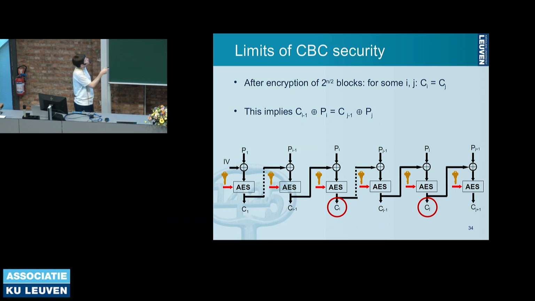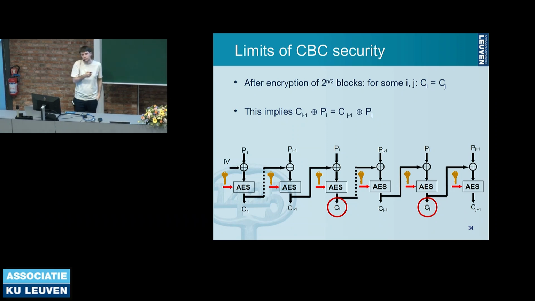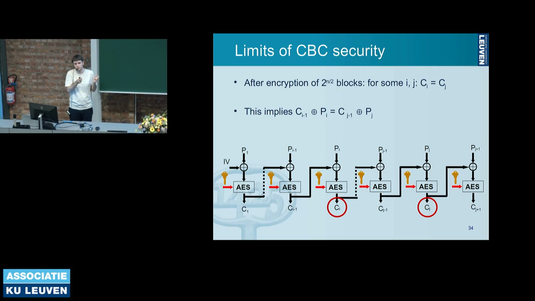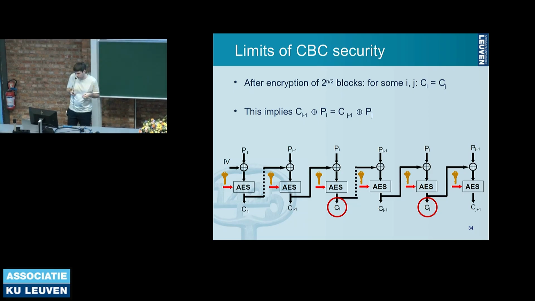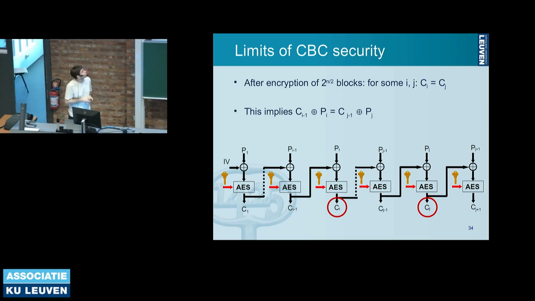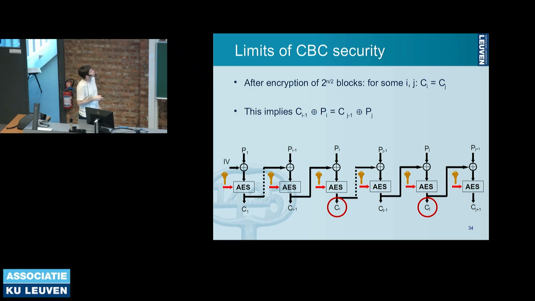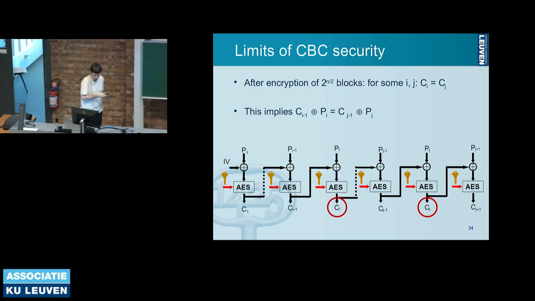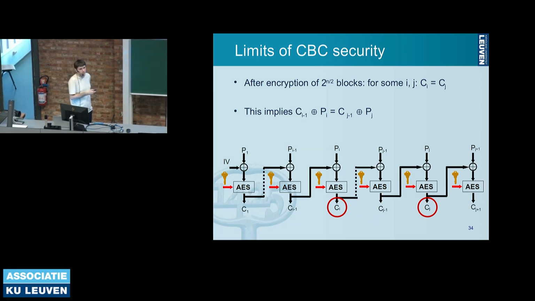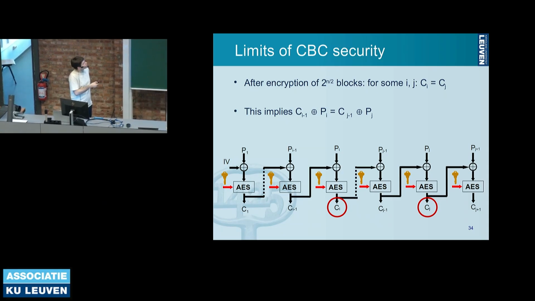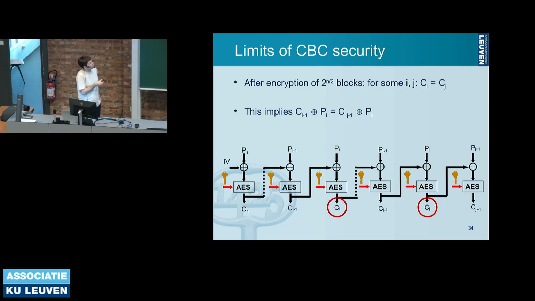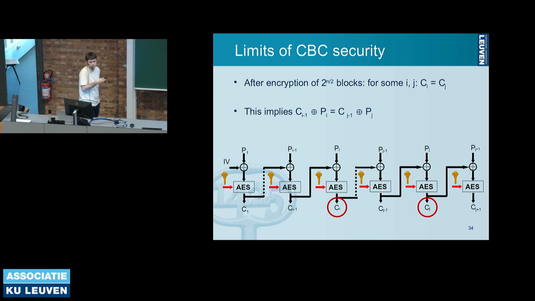So you get this relation, and this actually leaks the XOR between two plaintext blocks. So you see that basically you should not use it for too many blocks, otherwise you get a collision and you will leak information. That's a typical issue that you have. Essentially, we are using AES, and we would want to have here a random function, but it's a random permutation. This causes this problem.